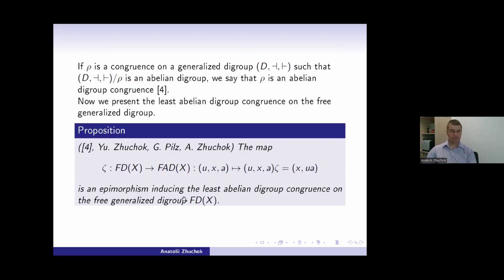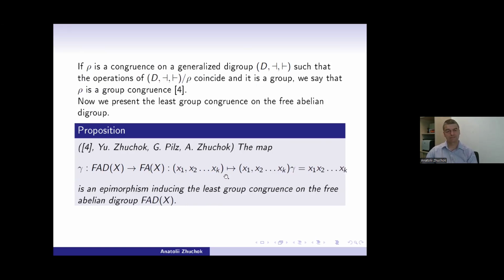This map is an epimorphism inducing the least abelian group congruence on our algebra FDX. I recall the definition: rho is a congruence on a generalized group such that the operations coincide and we have a group, then we say that rho is a group congruence.